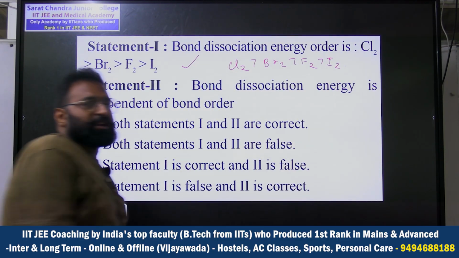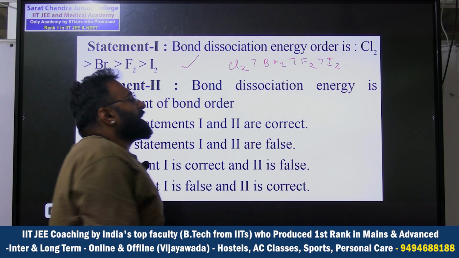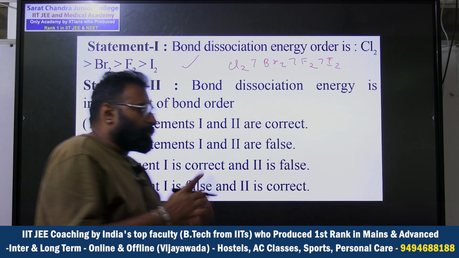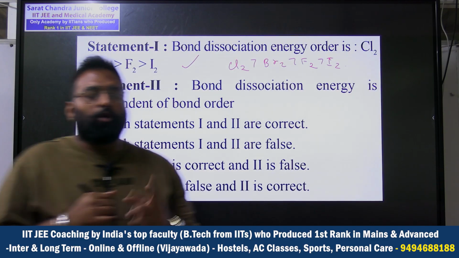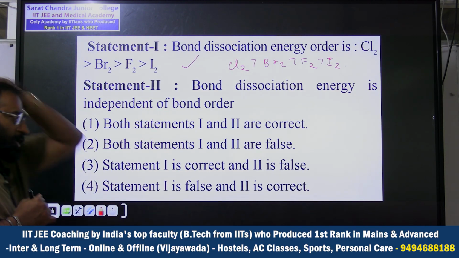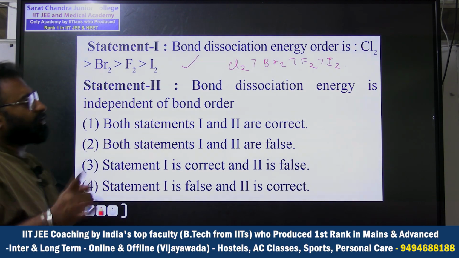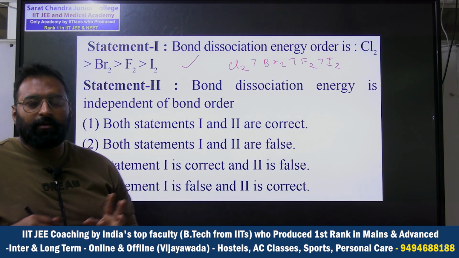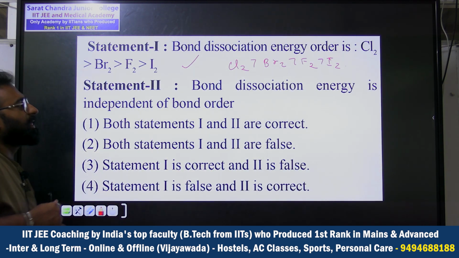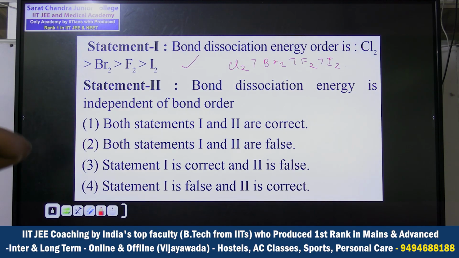Why? Because bond energy is inversely proportional to lone pair repulsion, and because there is high lone pair repulsion in fluorine, the bond energy decreases. So statement 1 is true.